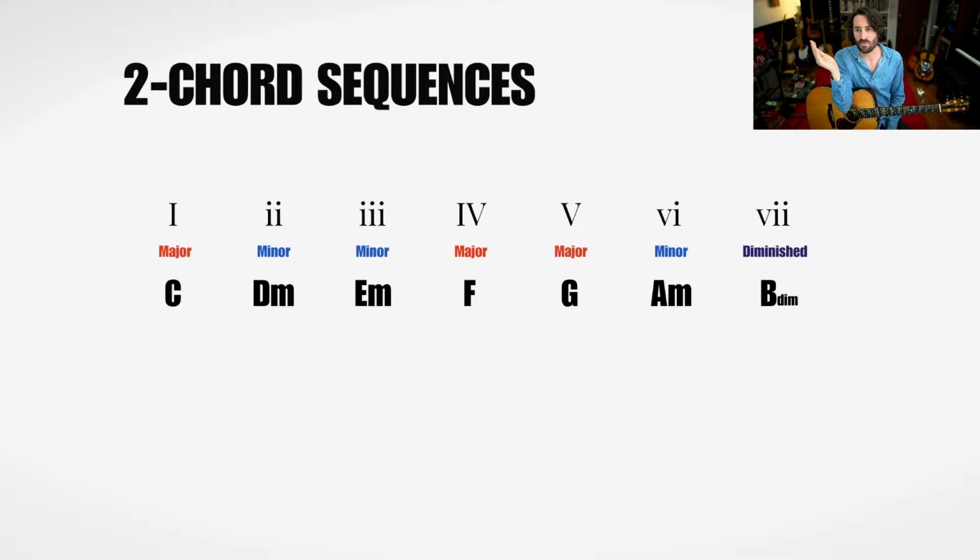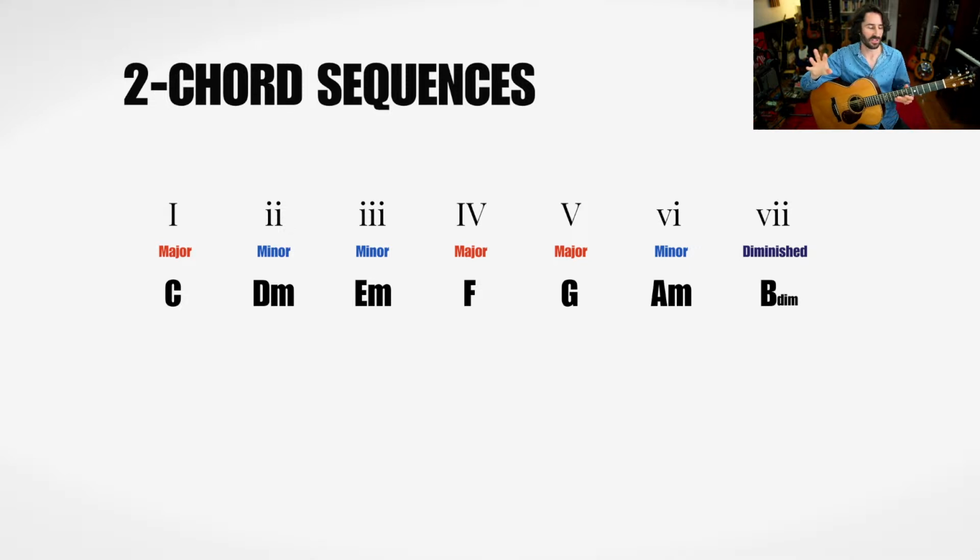And to begin with, best if we just talk about the chords that are in a key, diatonic chords, so that we can start selecting two chords out of the key and trying different combinations of those chords.